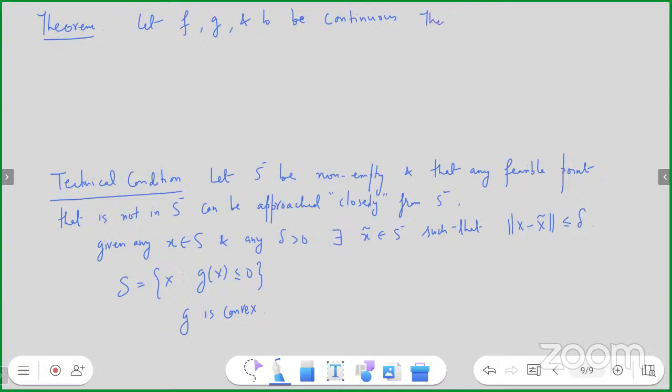Then, under the technical condition, the limit point of the sequence is an optimal solution.